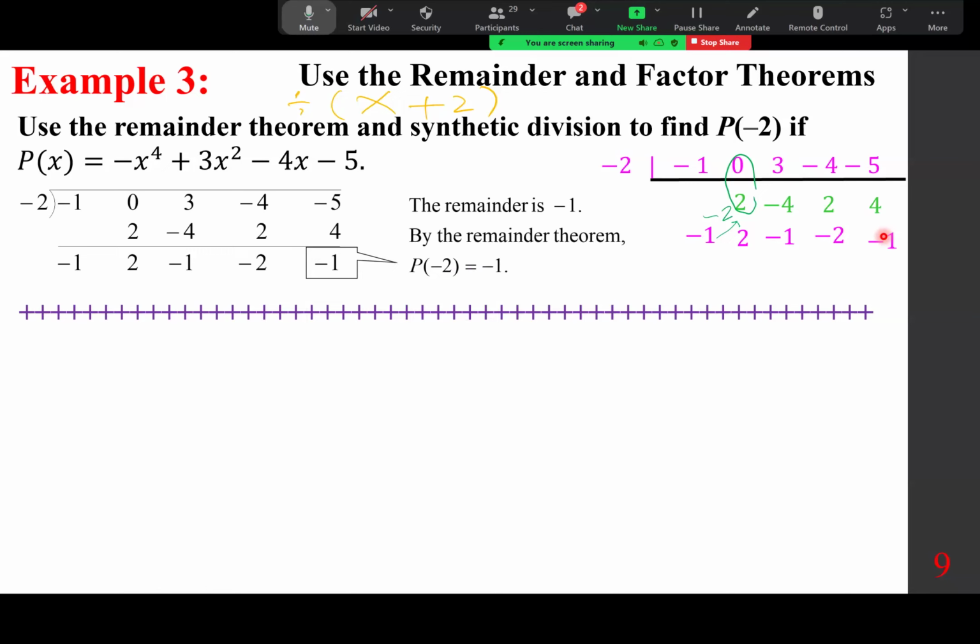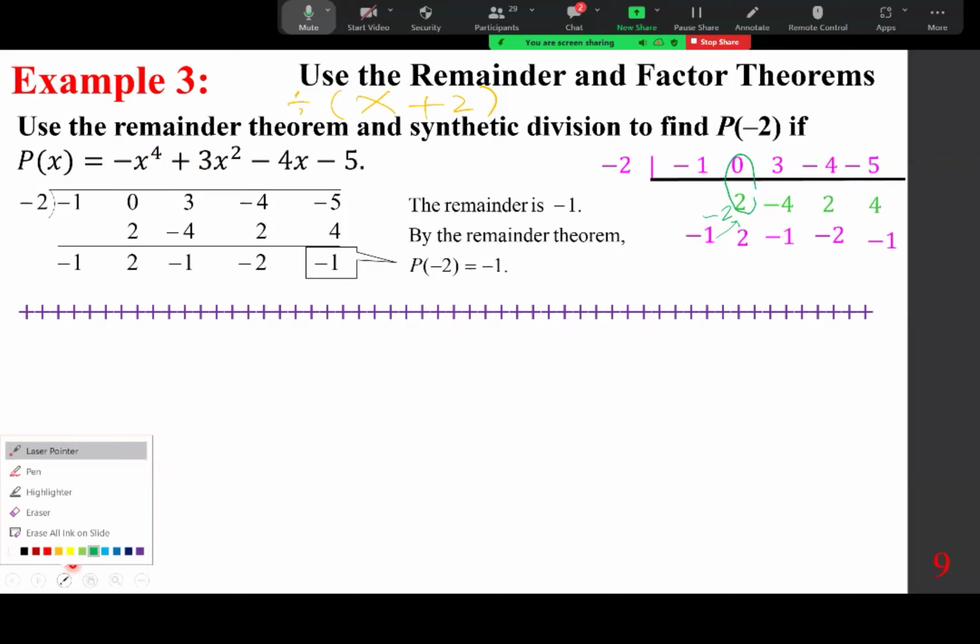So just to let you know what would be the result if you divided this by x plus 2. The result with the first one times what? If this is x to the power of 4, you are dividing by the first degree polynomial. So you bring the degree down by 1. So this is minus 1 x cubed. So in other words, if you divide this by x plus 2, what do you get?